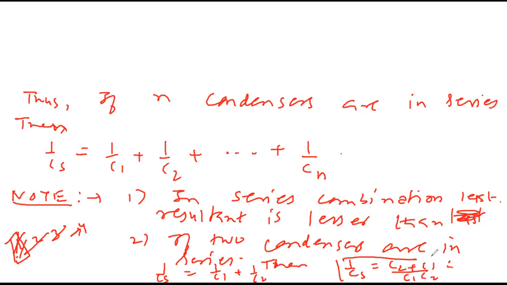So directly can I write Cs is product of C1 C2 upon sum? Can we write directly? Yes, sir. So whenever it is two condensers in series and they ask resultant, you write directly product upon sum. Now copy, also note.